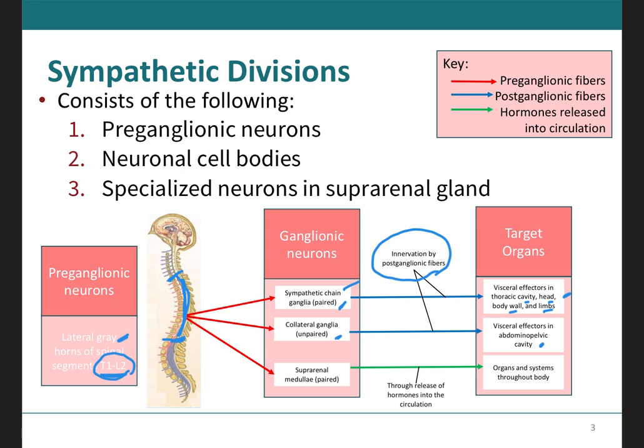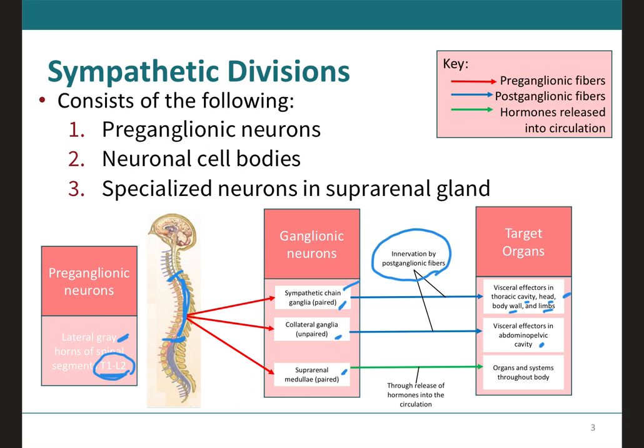Then we have a third one, which is the suprarenal medulla, or the adrenal gland, which is basically going to act as a modified sympathetic ganglion.